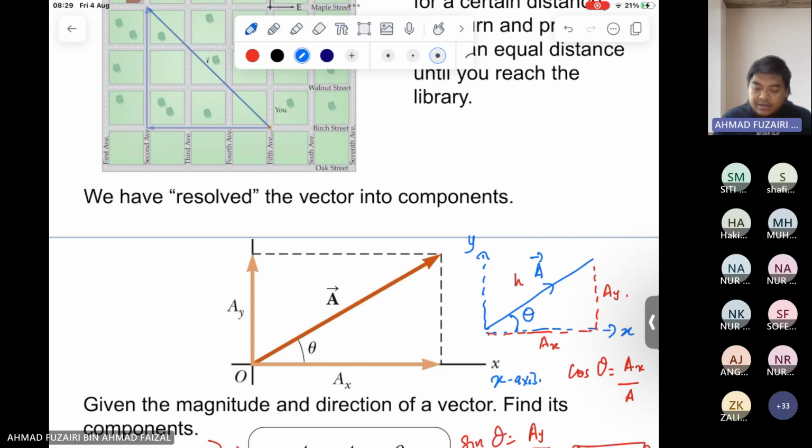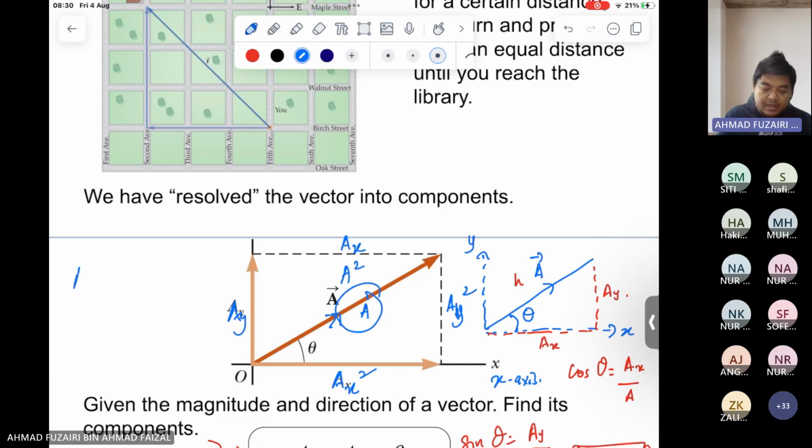Kalau kita tengok kat sini ialah Ay, dekat sini ialah Ax, dan A di tengah-tengah tu. So bila kita nak cari dia punya magnitude, we can use Pythagoras theorem. That means yang ini hypotenuse, kita akan cari A squared, yang ni squared, yang ni squared.